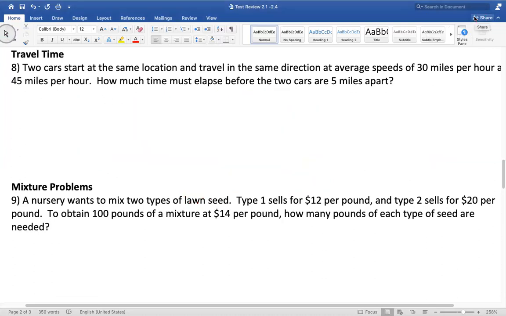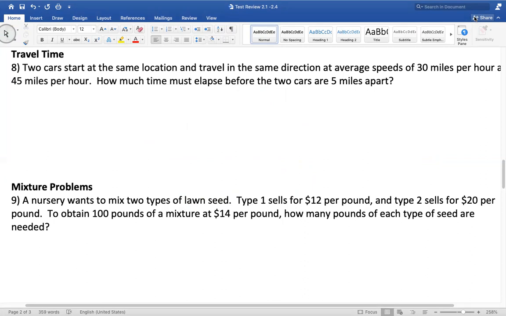A nursery wants to mix two types of lawn seed. Type 1 sells for $12 a pound, type 2 sells for $20 per pound. To obtain 100 pounds of a mixture at $14 per pound, how many pounds of each type of seed are needed? This is like the mixture problem in your WebAssign.